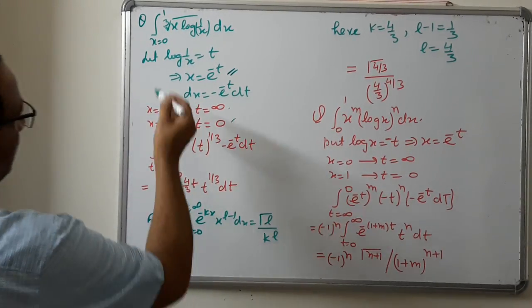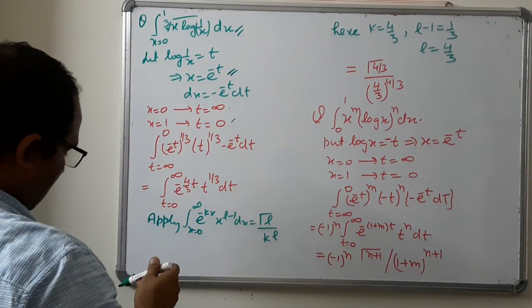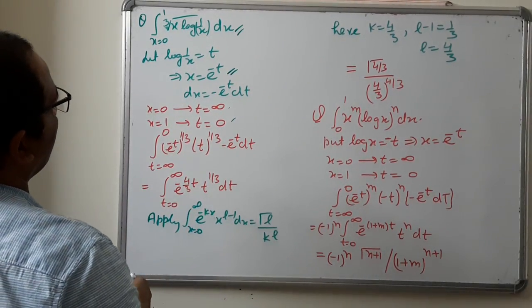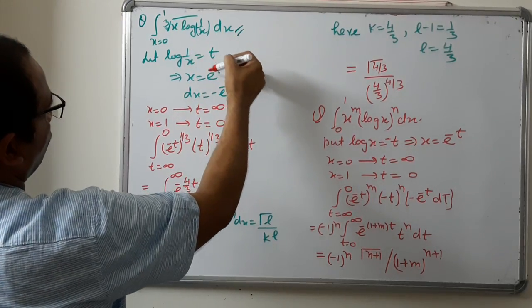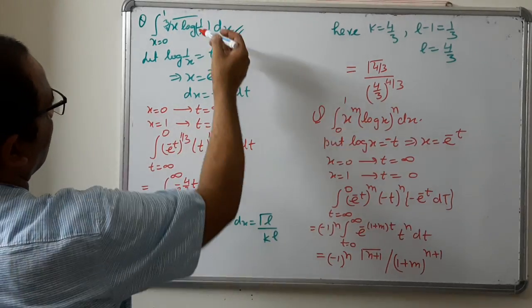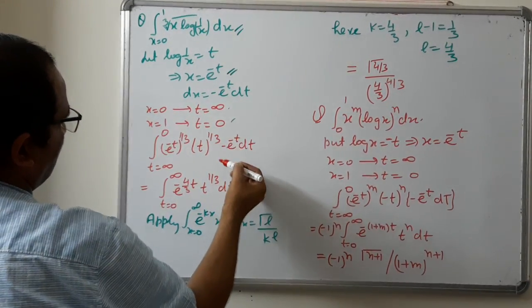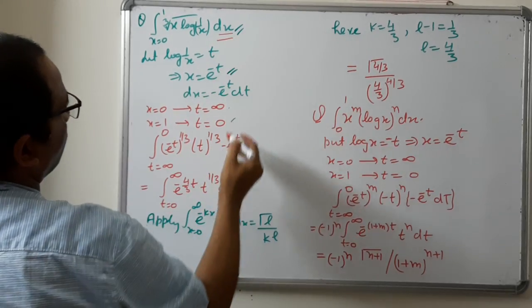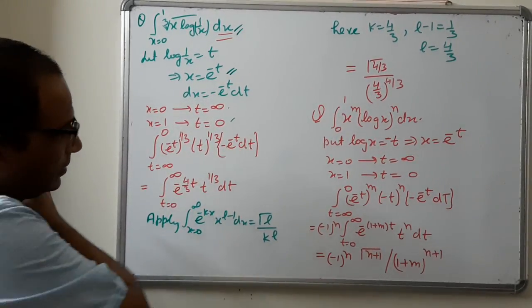So the given integration will convert from t equal to infinity to t equal to 0, and this is the cube root of x, right? Cube root of x, put x equal to e to the power minus t, so e to the power minus t whole power 1 by 3, and log 1 upon x is equal to t, so t to the power 1 upon 3, and the value of dx is equal to minus e to the power minus t dt.